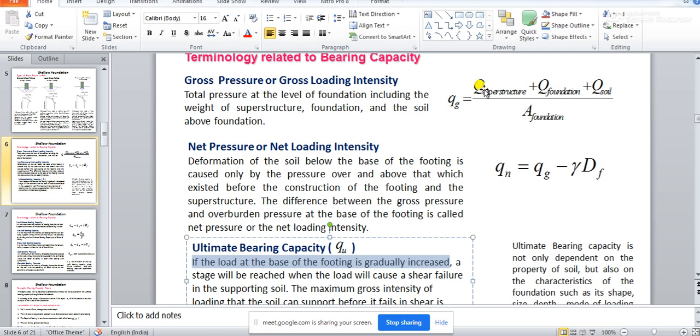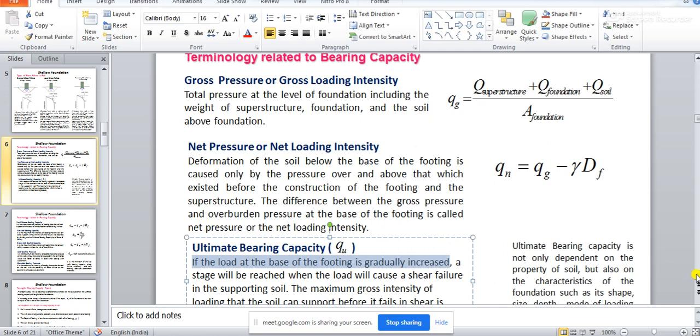So if you think about a condition where your superstructure load is gradually increased, then what will happen? That will create more pressure on the soil. So if the load at the base of the footing is gradually increased, a stage will be reached.